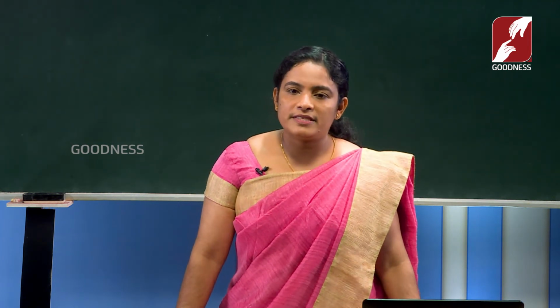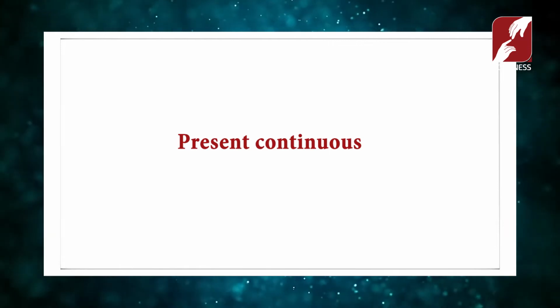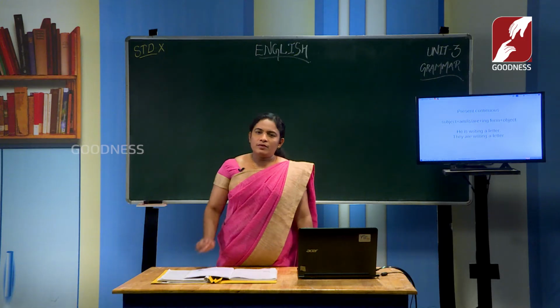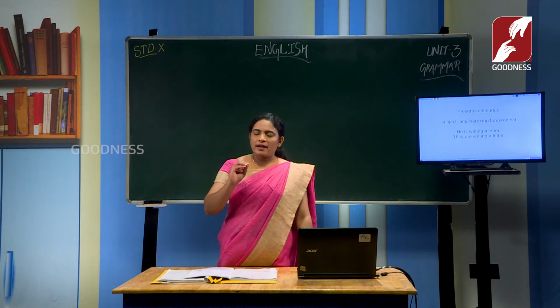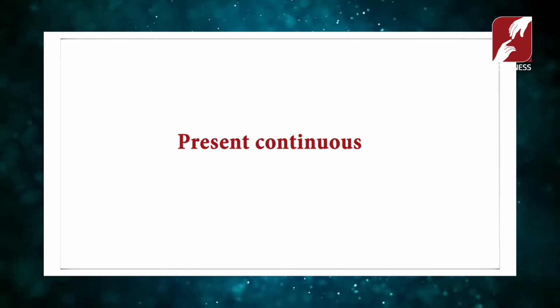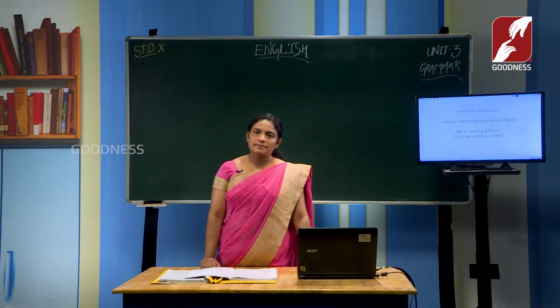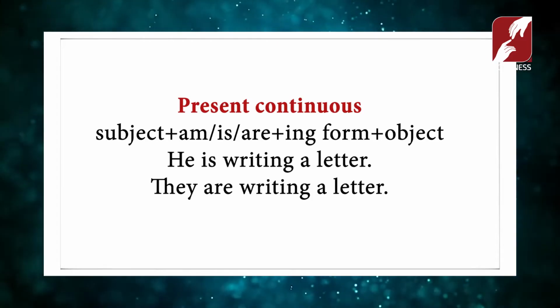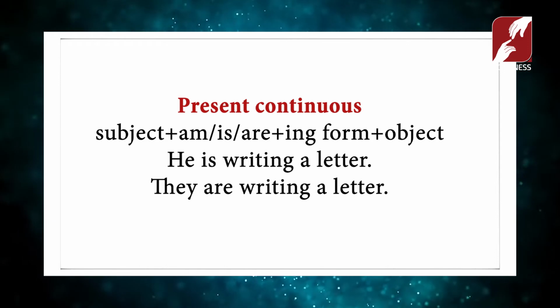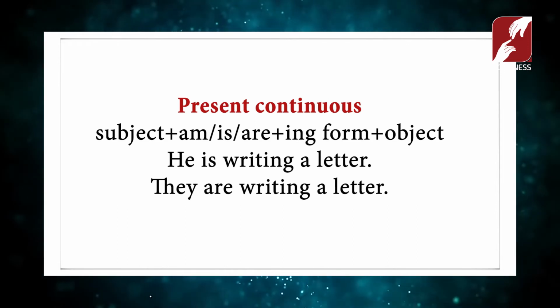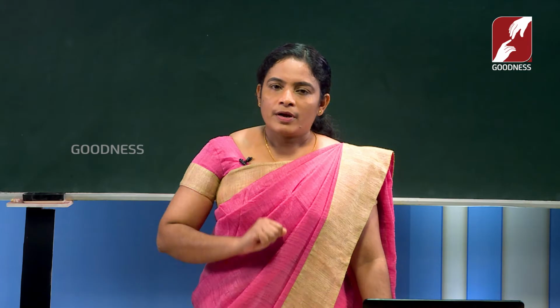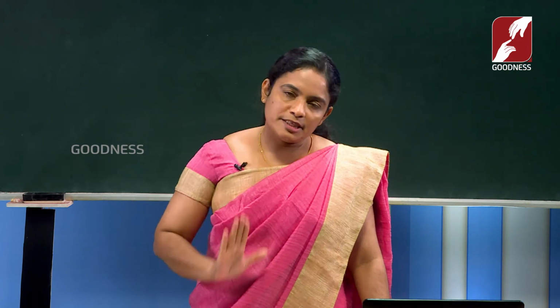Present continuous tense. Then which is the format to identify a sentence in present continuous tense? Subject plus am, is or are plus the ing form of the verb. Continuous means there will be the ing form.